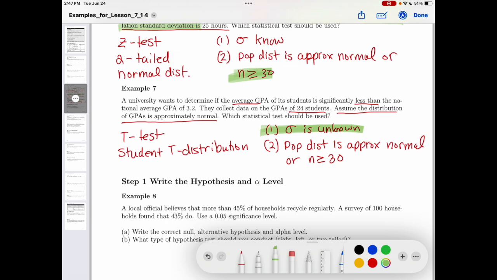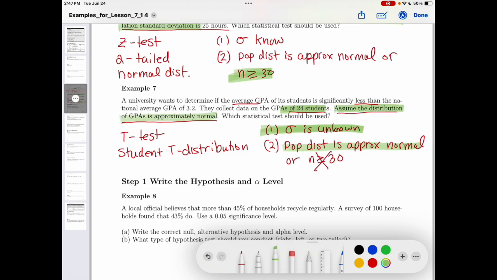However, if we look at the second condition, our sample size is only 24. So the condition that the sample size has got to be greater than or equal to 30 is not met. So we need to make sure somewhere in the question that the population distribution is approximately normal, and we're given that here.